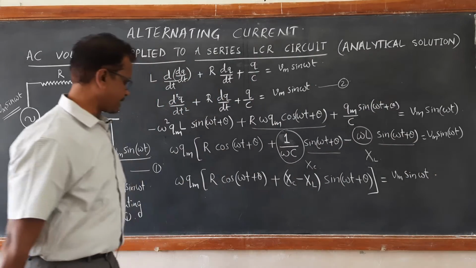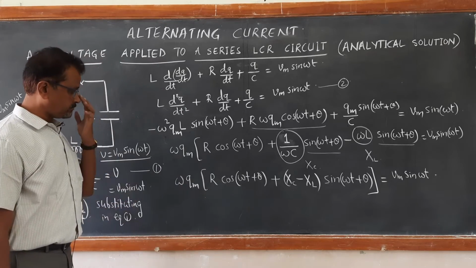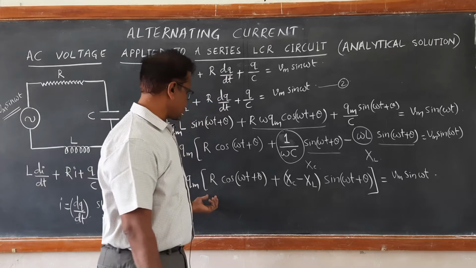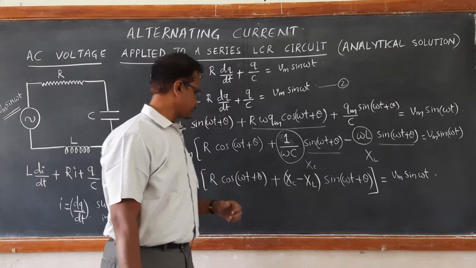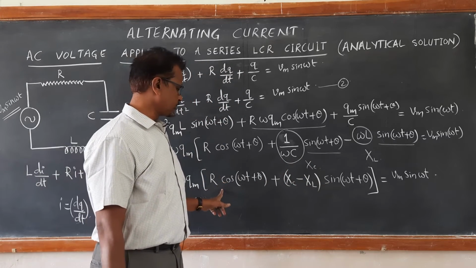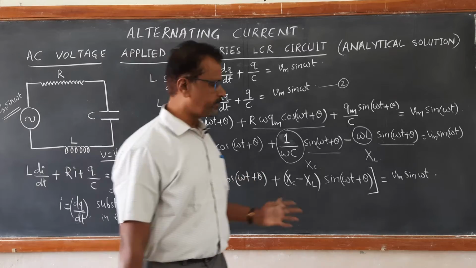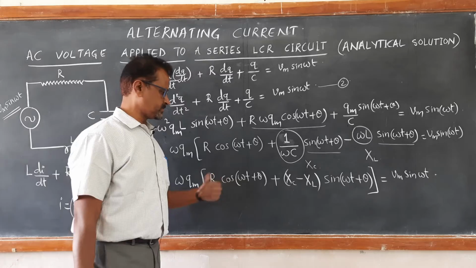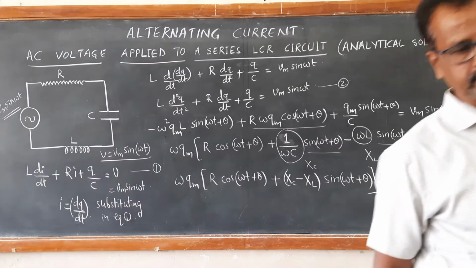Okay, now we will find the solution for this equation. That will be again another trigonometric identity. Let us find out the solution.